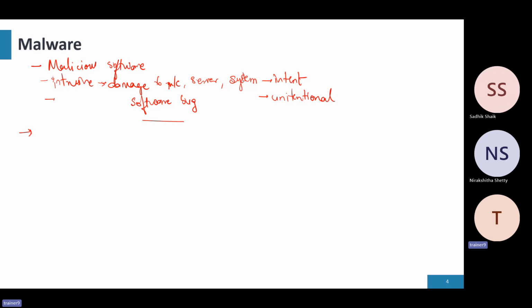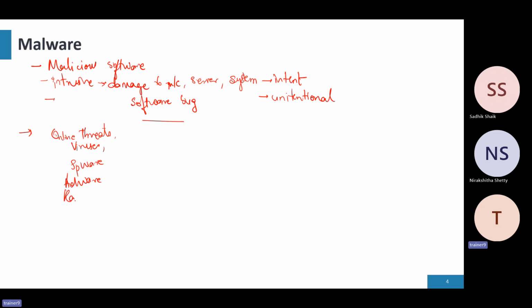Now, how do you differentiate them? Malware is primarily more like an umbrella term that includes all your online threats. It could include viruses, spyware, and adware, right?